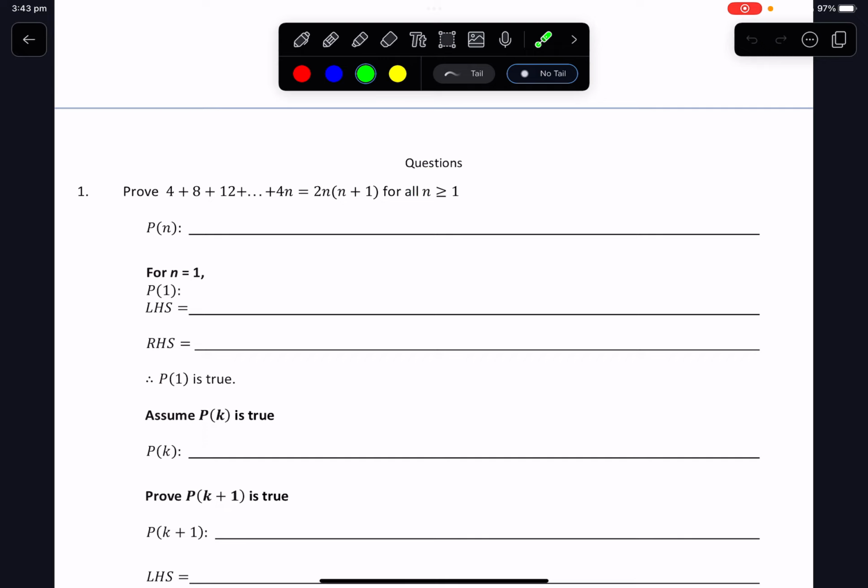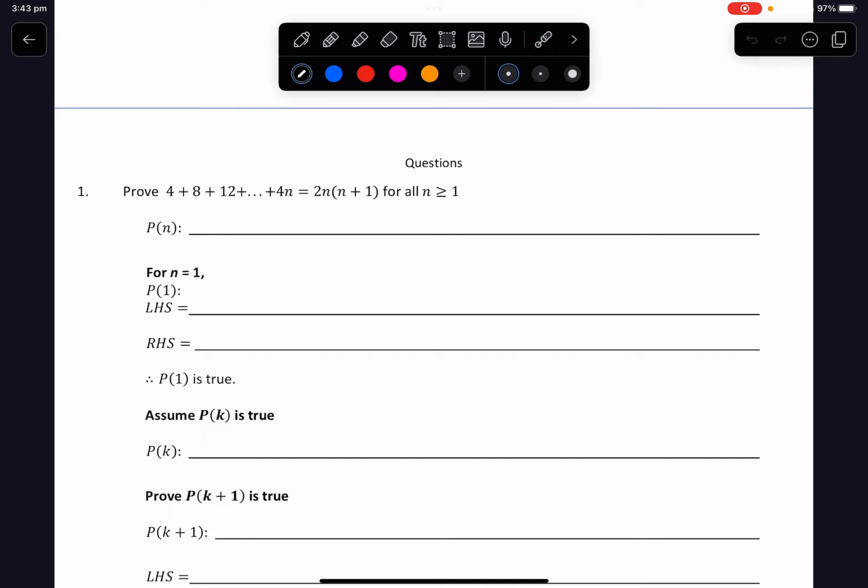And then I also have to show that I've got a general case, P(k), and then the next case. Basically we're proving that if the first case is true, and any case is true plus the next term is true as well, then the whole series is true, or the proof is true. So let's have a look at a really basic example here.